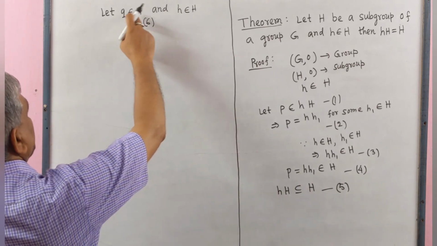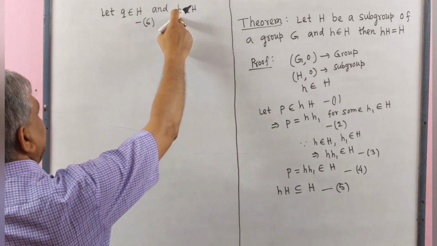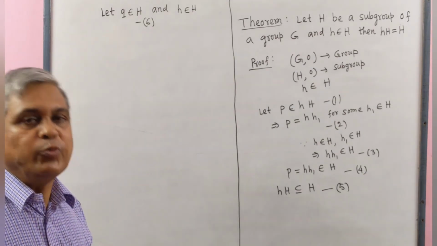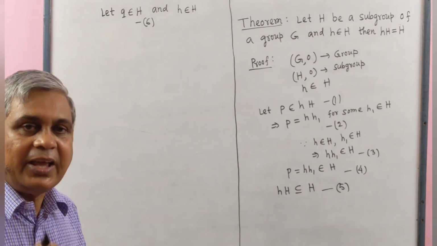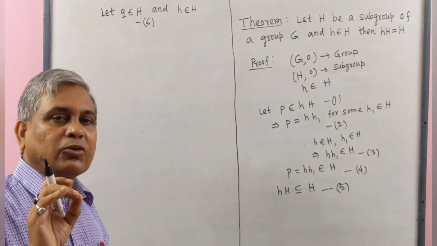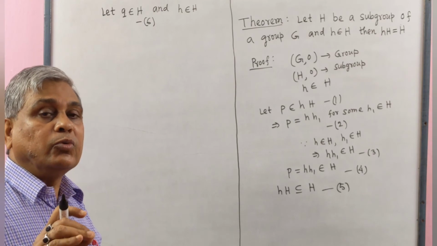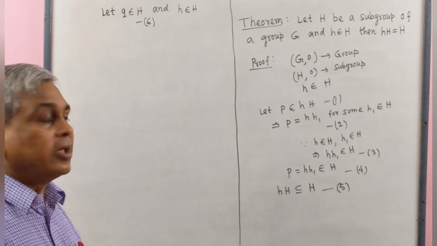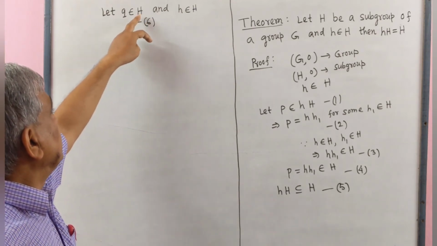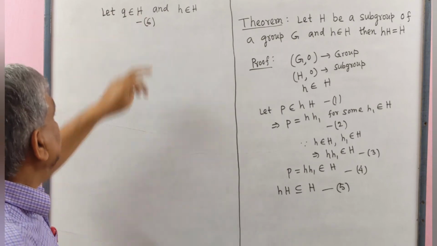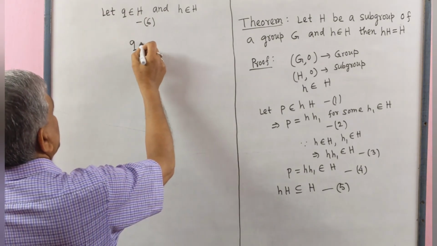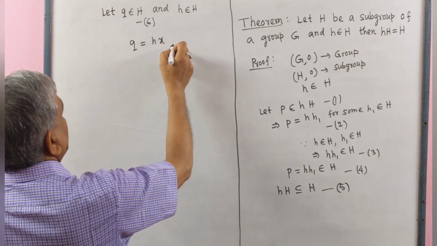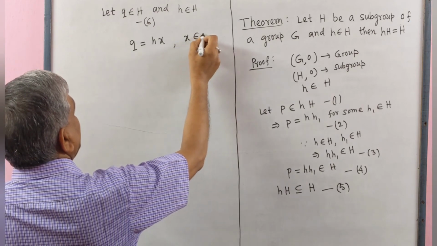Since Q belongs to capital H and given that small h belongs to capital H and capital H is a subgroup of G, that means capital H is a group, then we may get a unique element X belongs to group H such that Q equal to hX. Here X is a unique element of capital H.